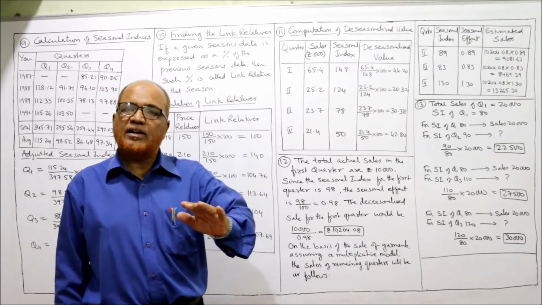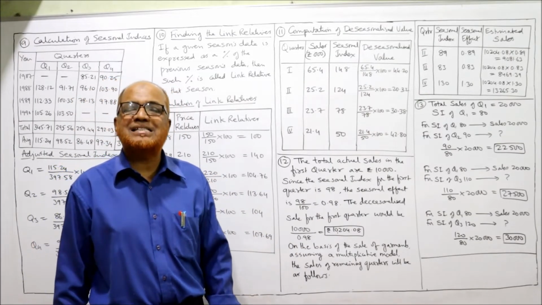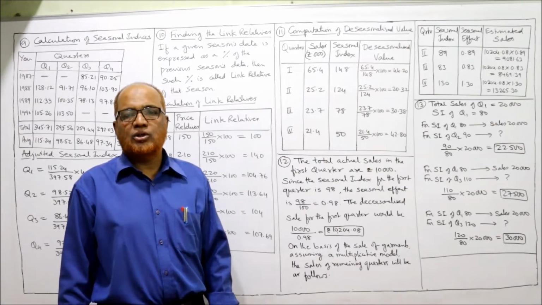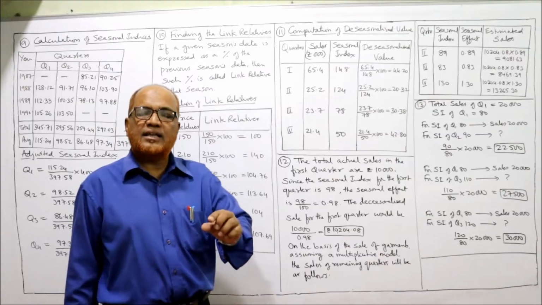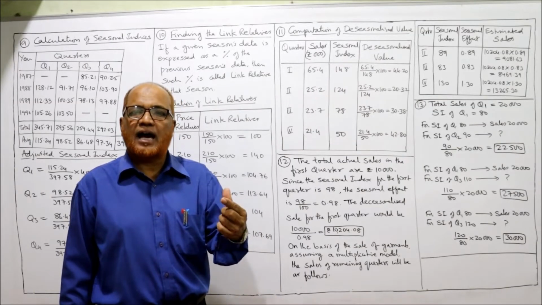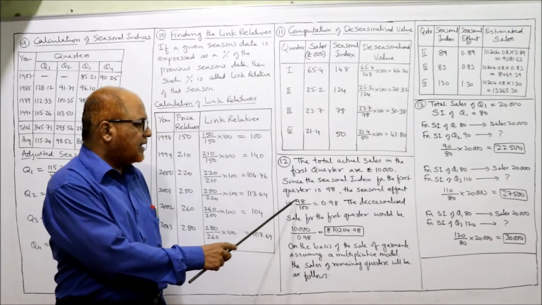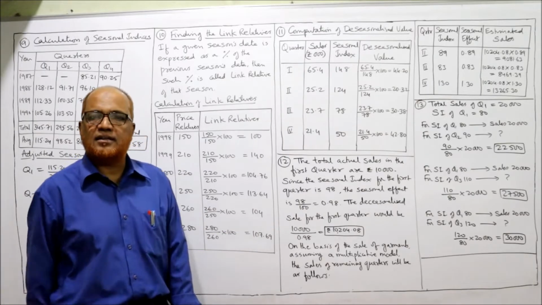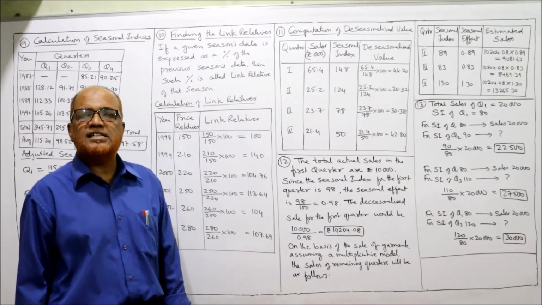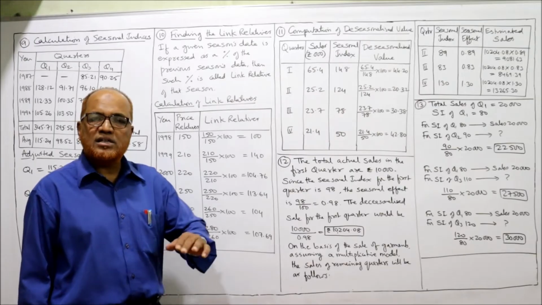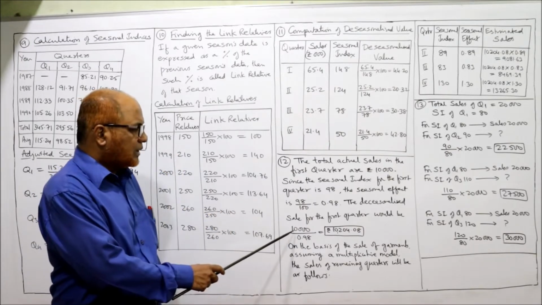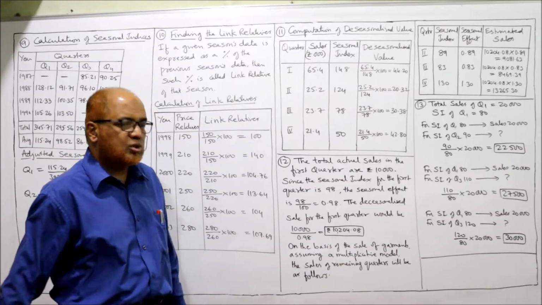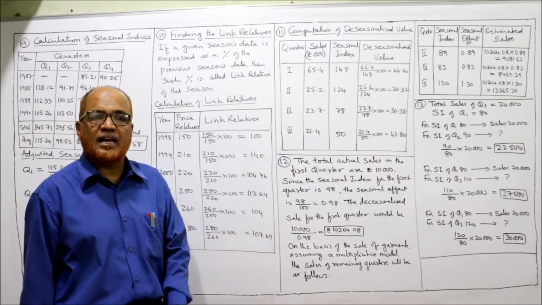See, we have converted the actual sales into deseasonalized sales. So 0.98 is the seasonal effect. What is the deseasonalized sales value of the first quarter? Total sales divided by 0.98, 10,204. This is the deseasonalized value.